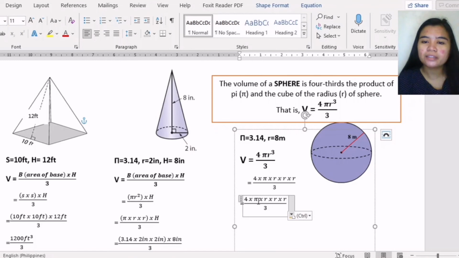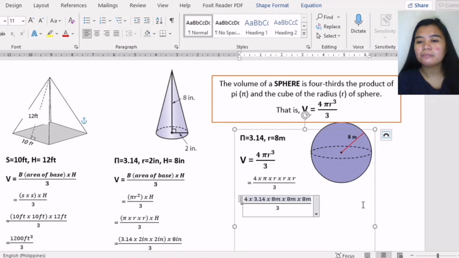So, 4, and then times, palitan na natin yung pi, which is 3.14. And then, palitan na natin yung r, or radius, which is 8 meters. And then, another r, 8 meters. And then, another 8 meters. And then, divided by 3. Ayan.